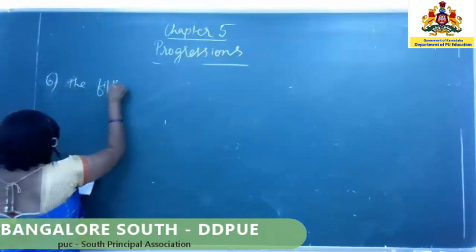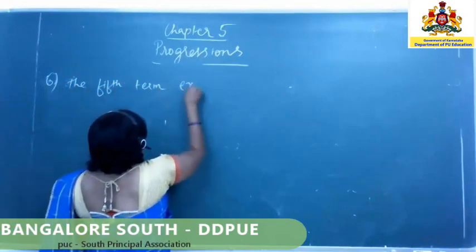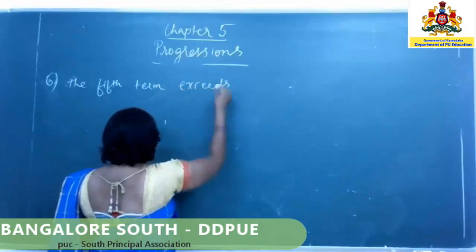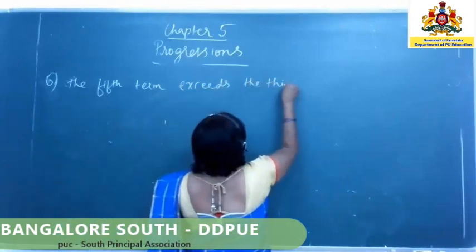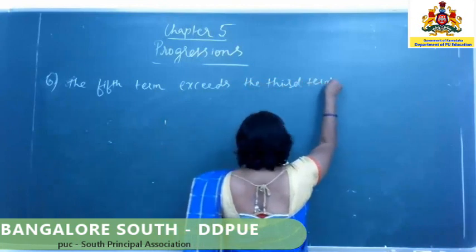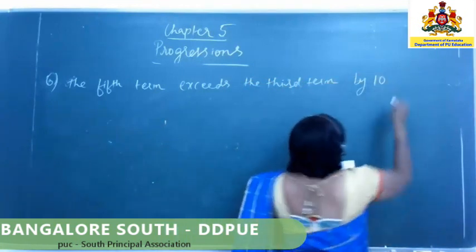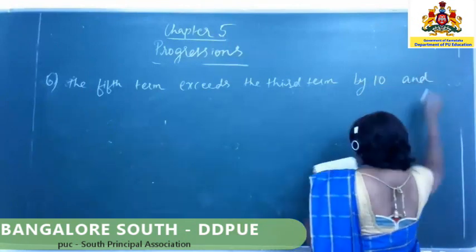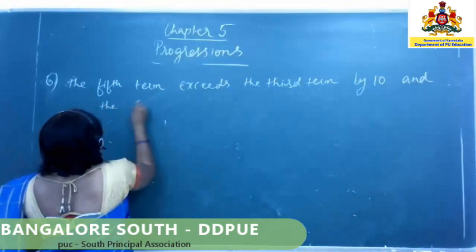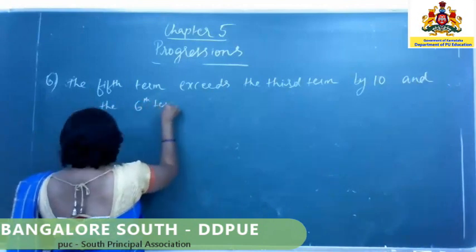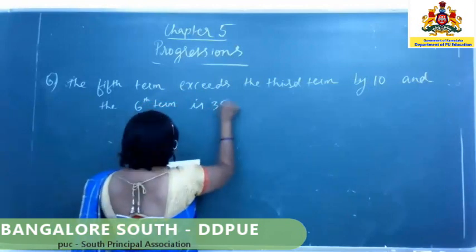The fifth term exceeds the third term by 10 and the sixth term is 35.